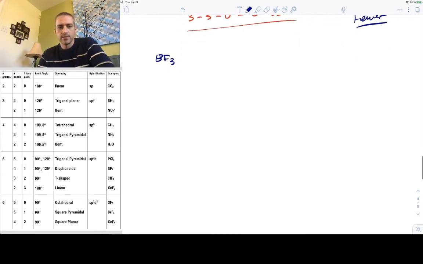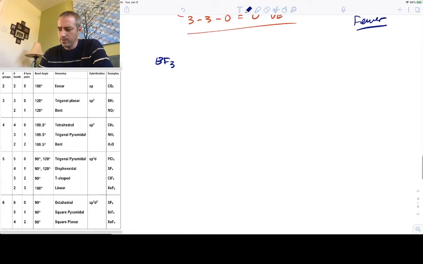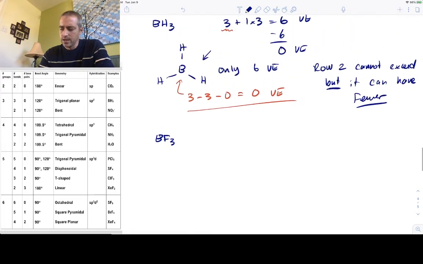Boron compounds, as you'll see, often have less than a full octet. Actually, one thing before I leave the BH3 is we've been kind of ignoring this table underneath my face here. If you look at that boron in this structure, it is making 3 bonds that are single, plus 0 double, plus 0 triple, plus 0 lone pairs is 3 groups.